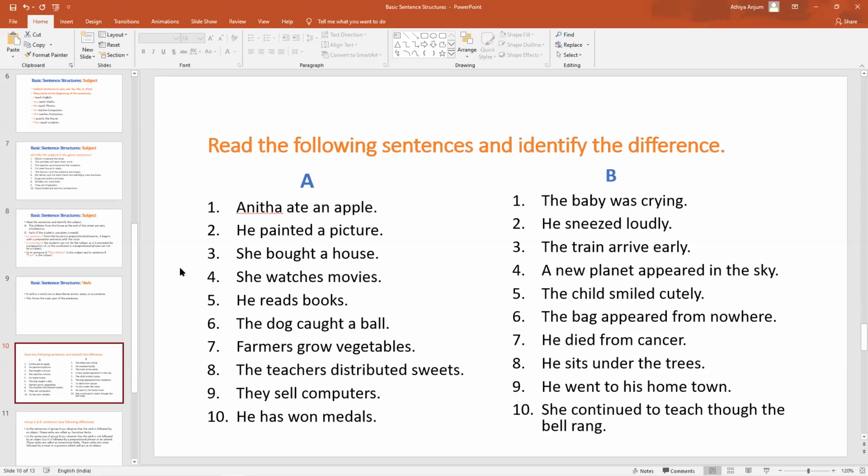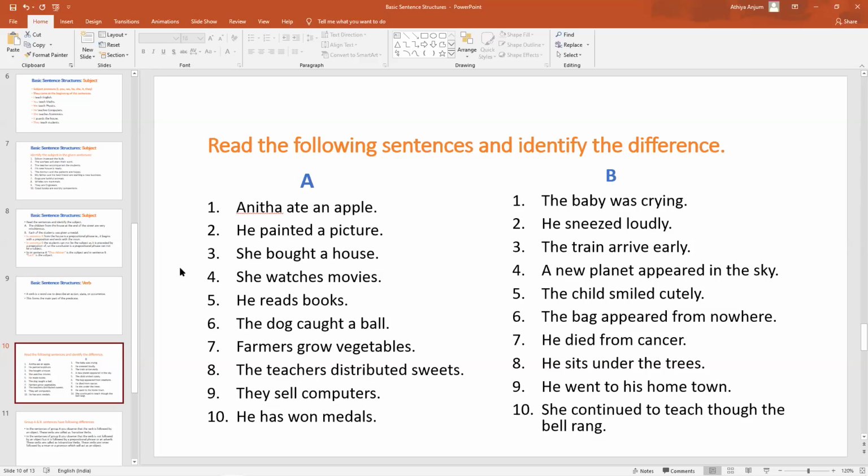Okay, so you're given 10 sentences in group A. Then group B, you have 10 more sentences like: the baby was crying, he sneezed loudly, the train arrived early.